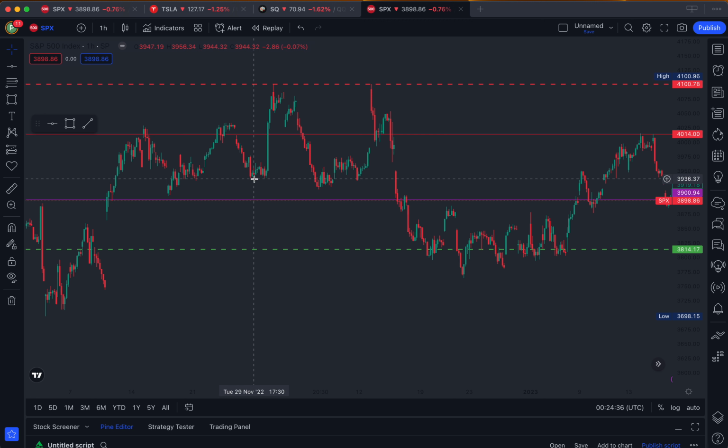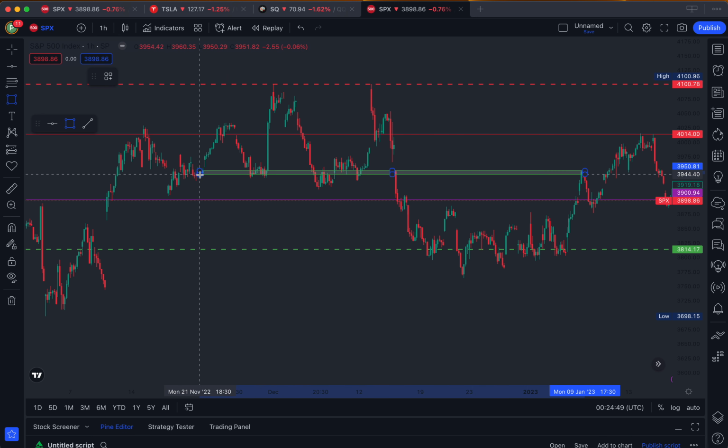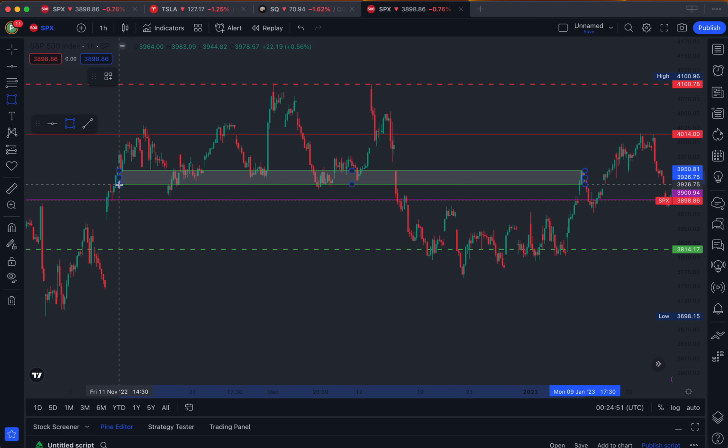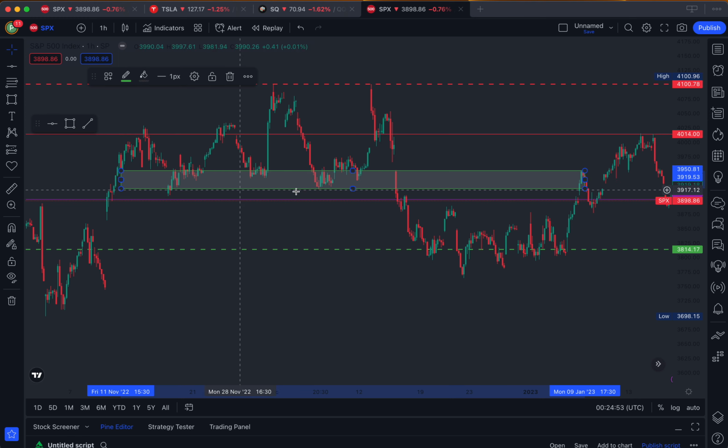This is 39.38-ish. So what I would do at that point is actually draw a rectangle. Starting from here, I would go this way, go to the left, and draw what I would call a zone.